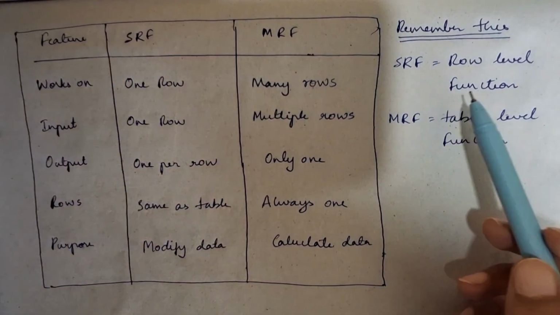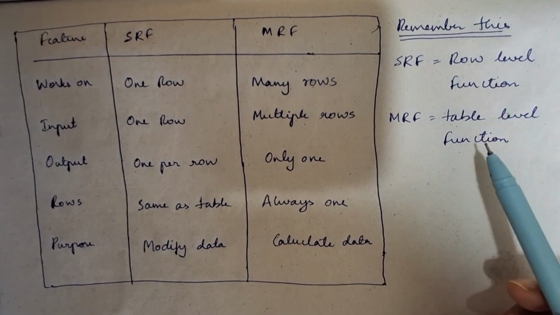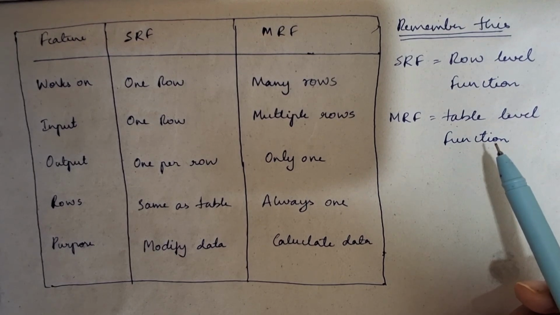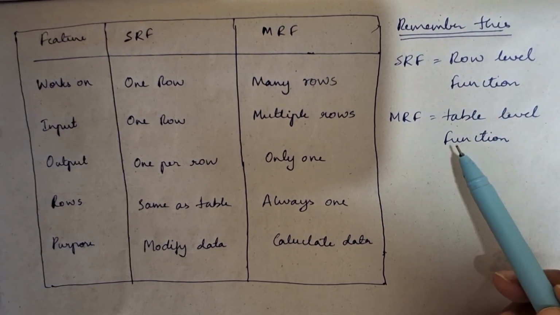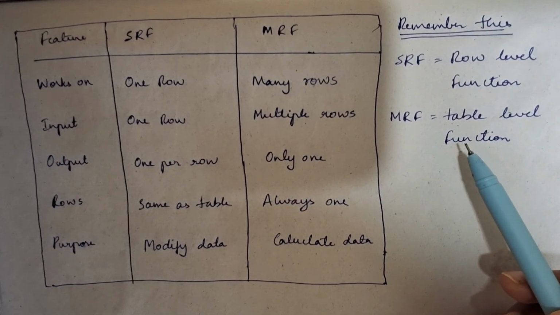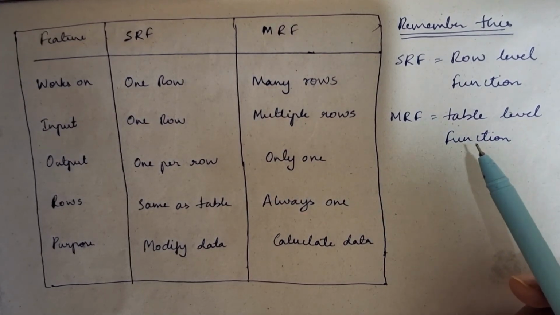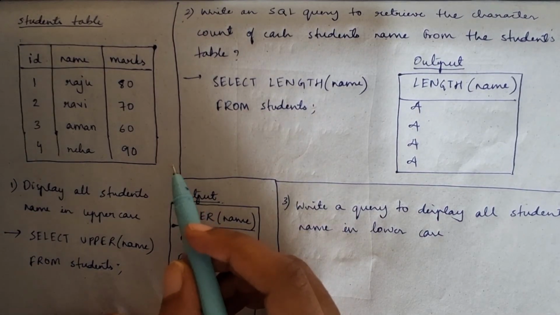And guys, please remember this. SRF is a row level function and MRF is a table level function. That is, SRF acts on individual rows while MRF operates on a group of rows and returns a single result for that group. Now we will understand SRF and MRF using some queries.